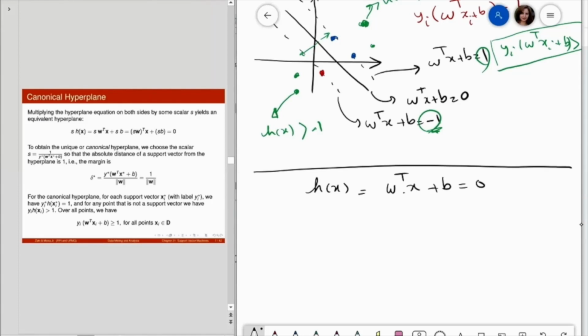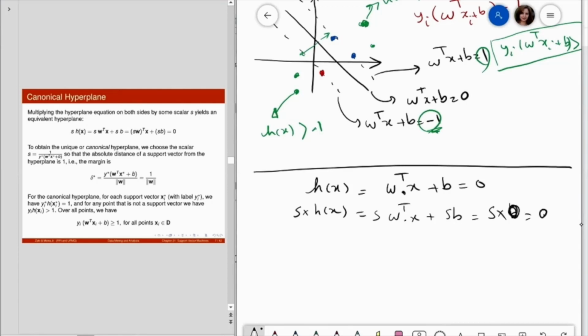The thing is that if I multiply both sides of this equation with any constant S, I still get this equation to be equal to 0. So if I say S multiplied by h of x is equal to S W transpose x plus S b, it will be equal to S times 0, which is 0 itself, right?